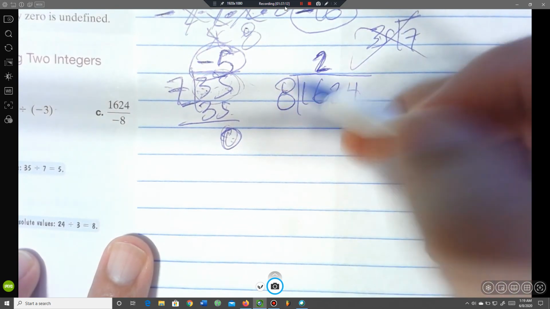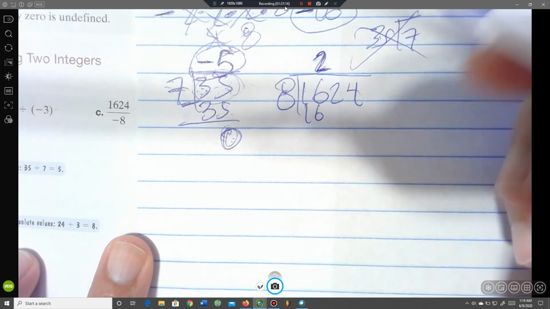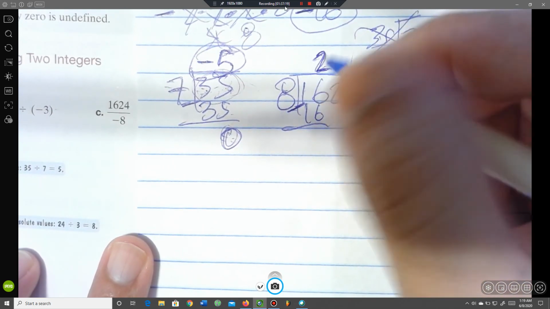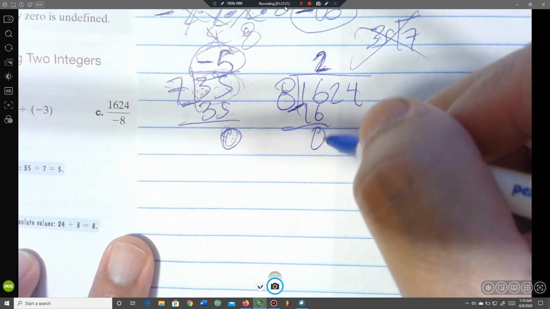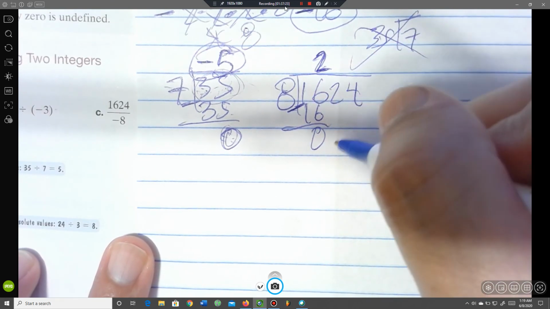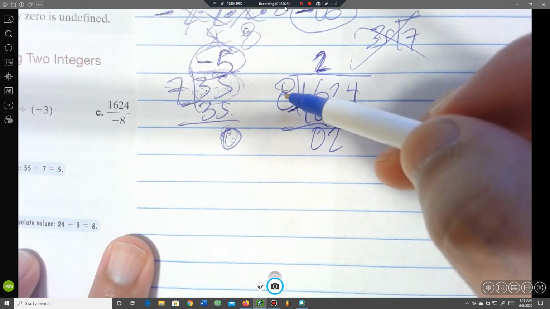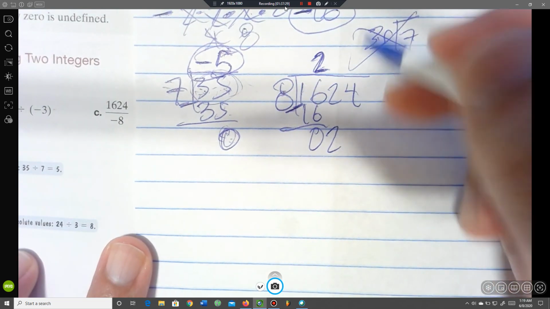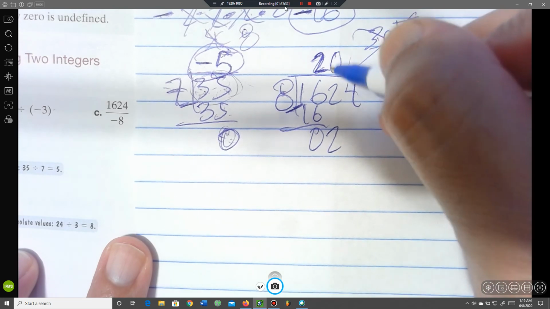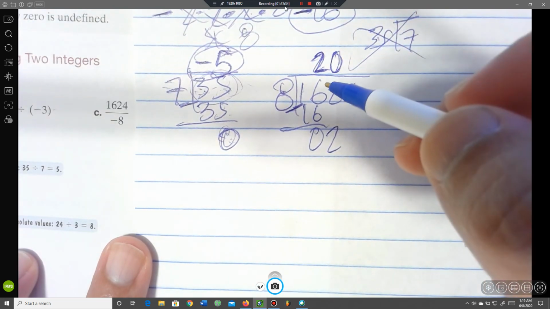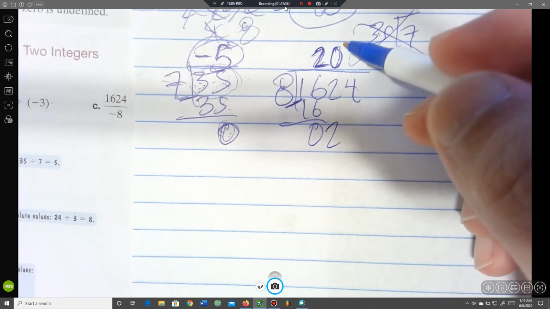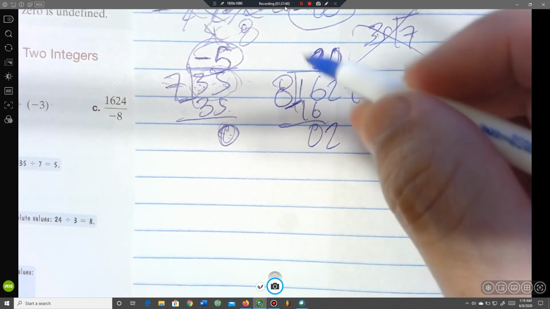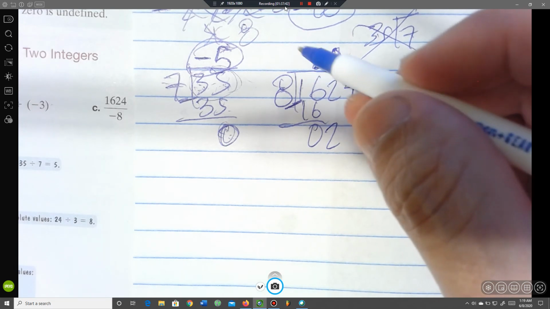That's 2 times 8, which is 16. Write 16 underneath. Subtract. 16 minus 16 is 0. Bring down the 2. Then ask yourself, how many times does 8 go into 2? None. In this case, you don't have to write a 0 here, because that's not a placeholder.